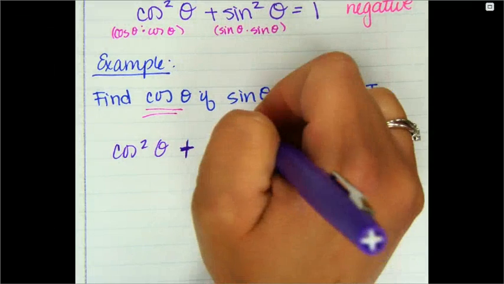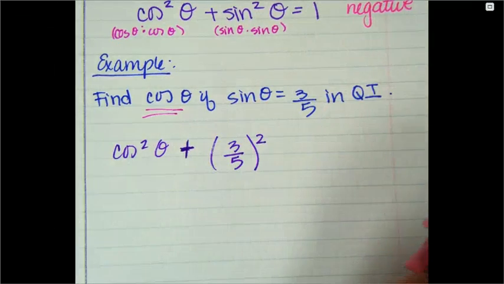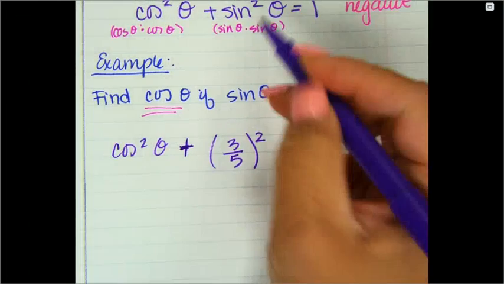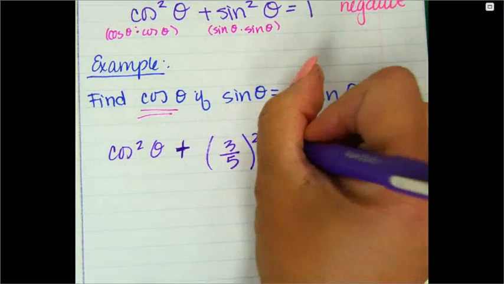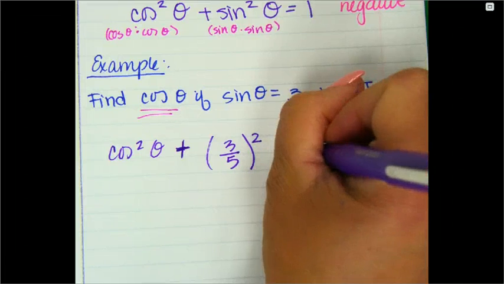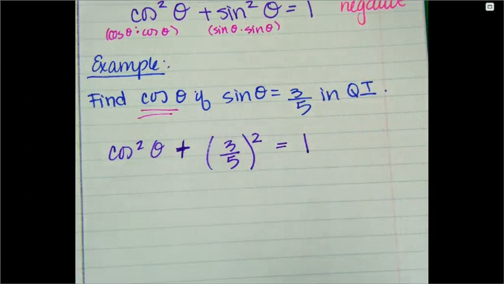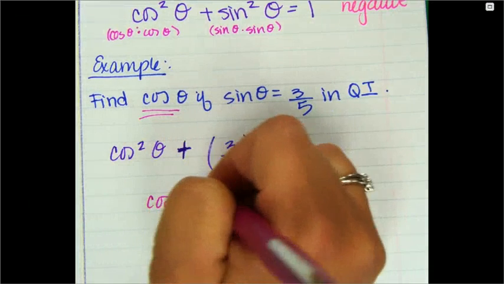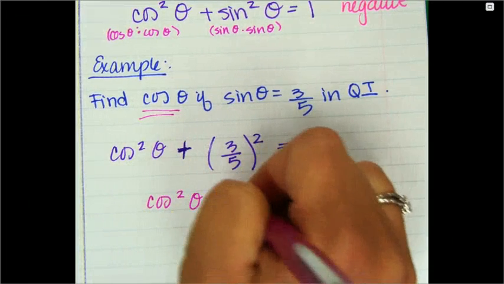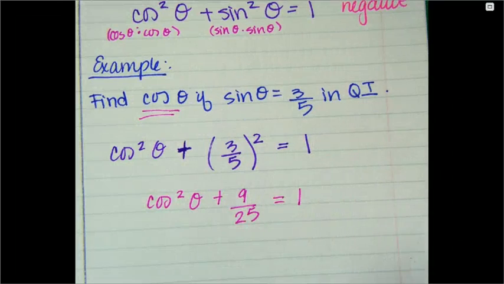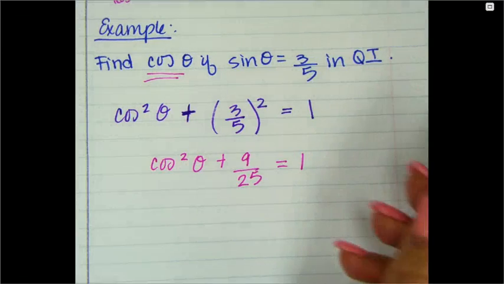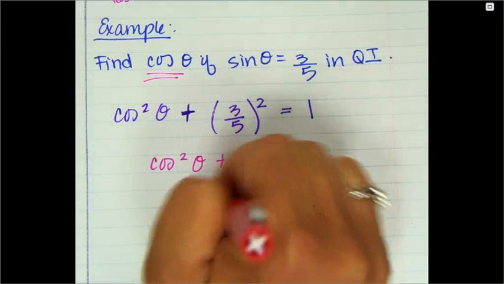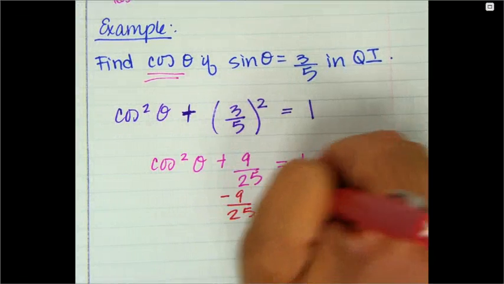But we have to square it, because it said squared up here. What's 3 over 5 squared? 9 over 25. We're solving for cosine, so what do we do to both sides? Subtract 9 over 25.